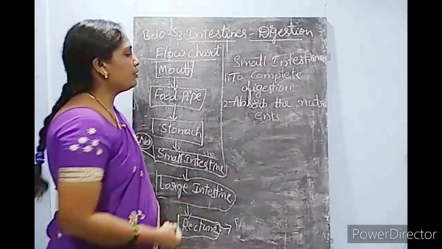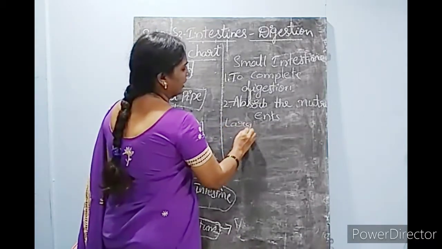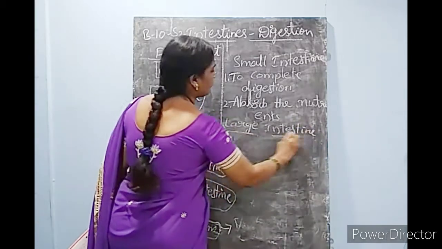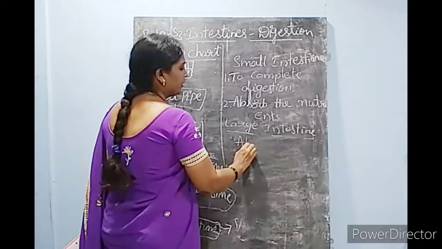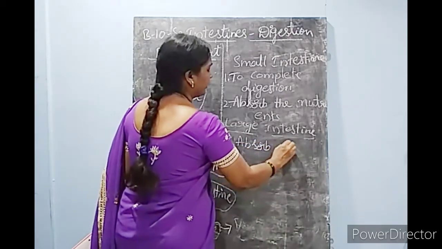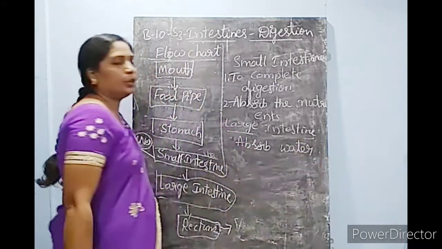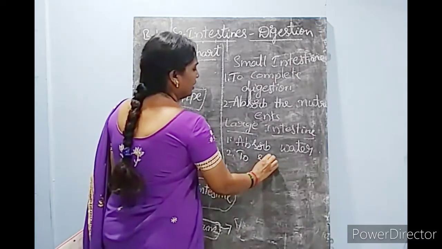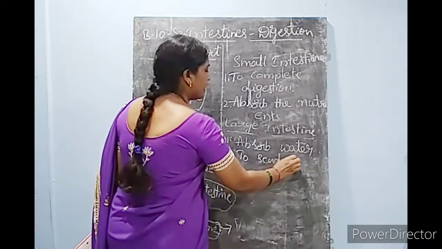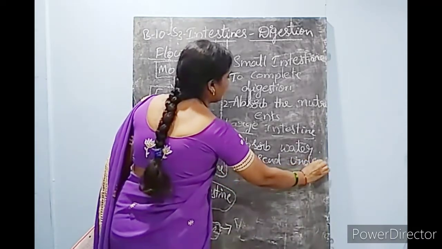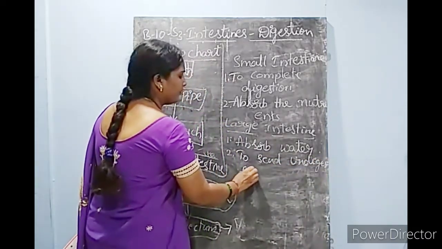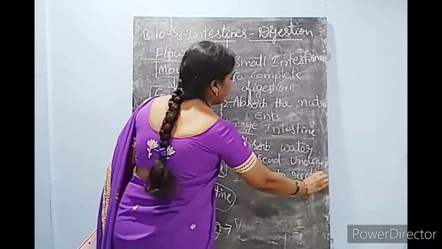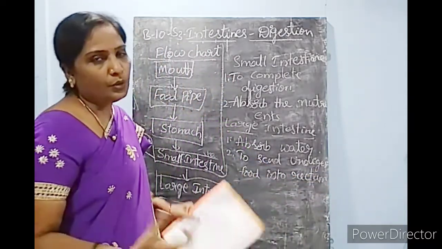And the second, next to the small intestine, is the large intestine. How is the large intestine helping? The large intestine helps to absorb water, and it also helps to send waste materials or undigested food into the rectum.